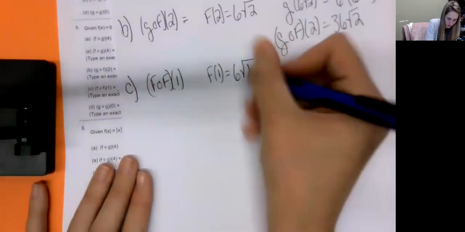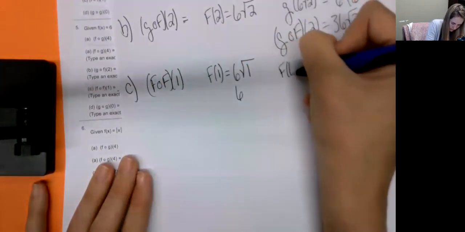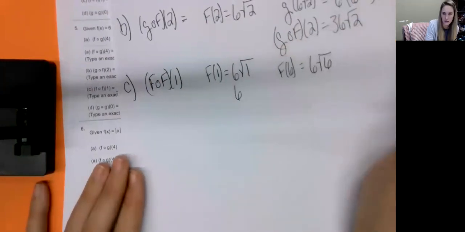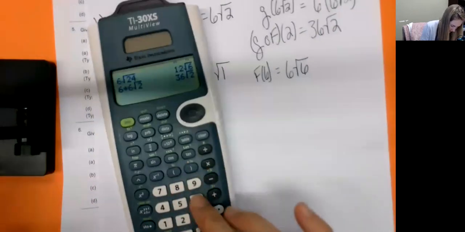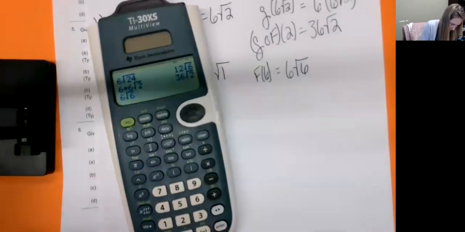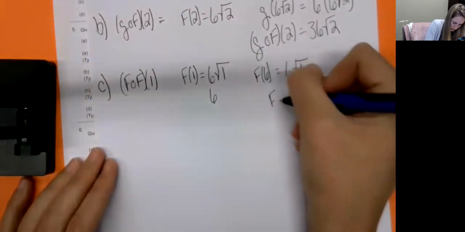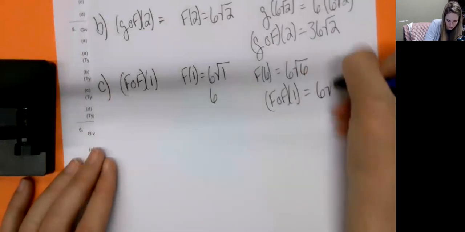The square root of 1 is 1, so we'd have 6. Then we'd have f of 6 equals 6 square root of 6. That doesn't simplify, but if you're stuck on these, you can always check. So our answer for this composite function is 6 square root of 6.